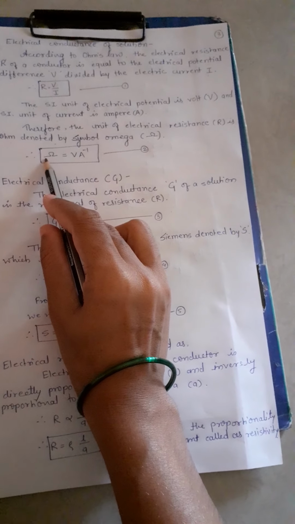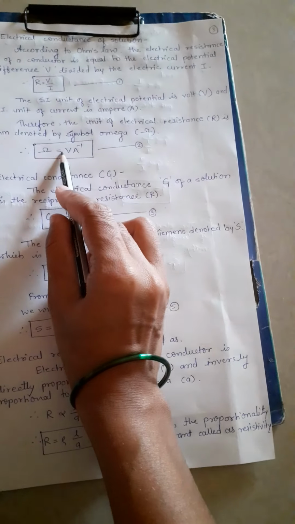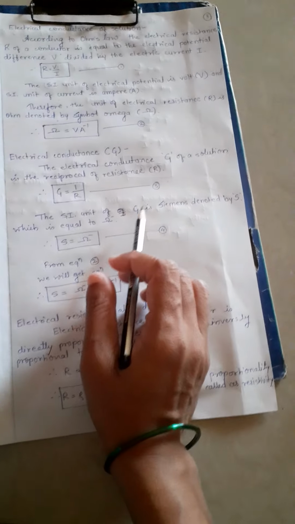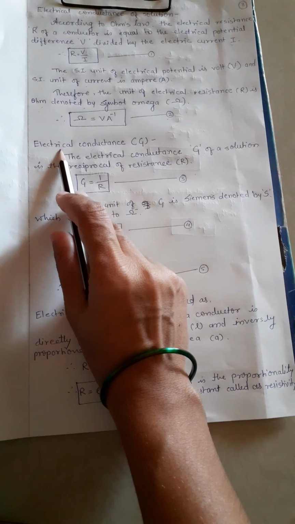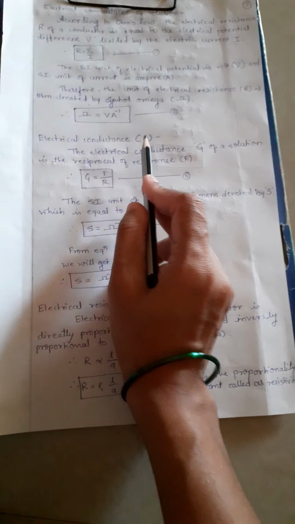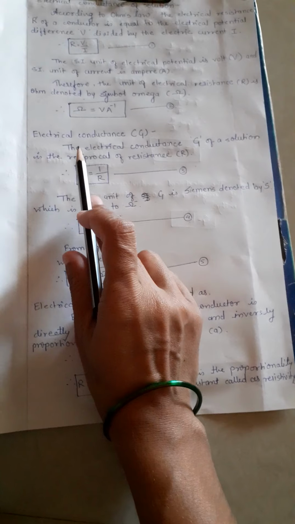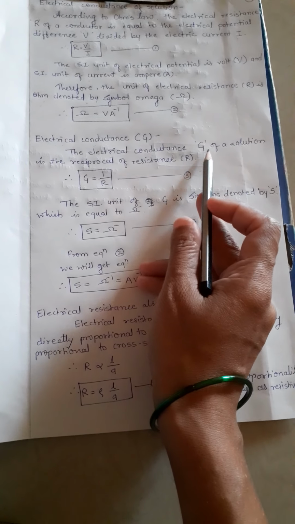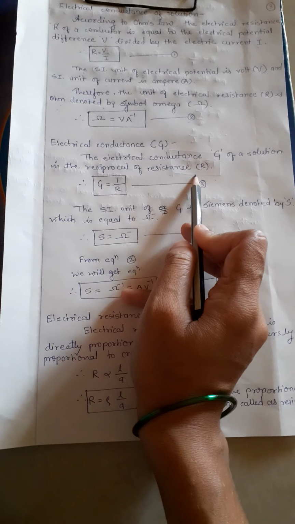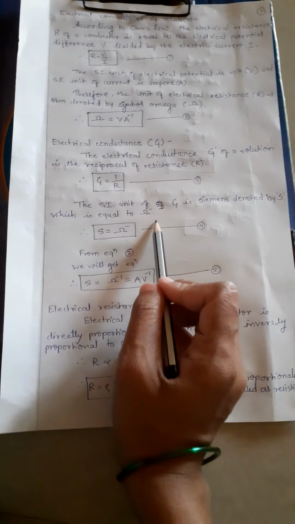So, omega or ohm is equal to volt ampere inverse, equation number 2. Next is the electrical conductance, denoted by capital G. The electrical conductance G of a solution is the reciprocal of resistance R. Therefore, G is equal to 1 upon R, equation number 3.